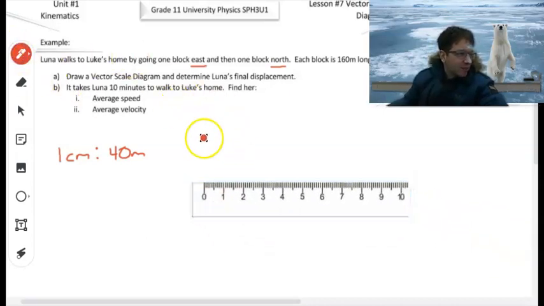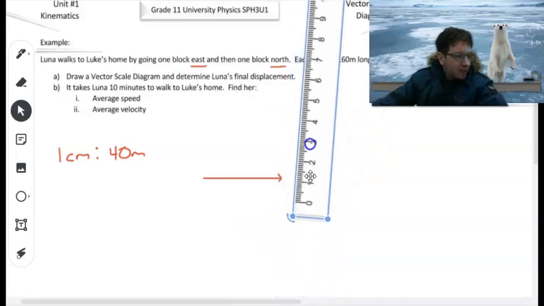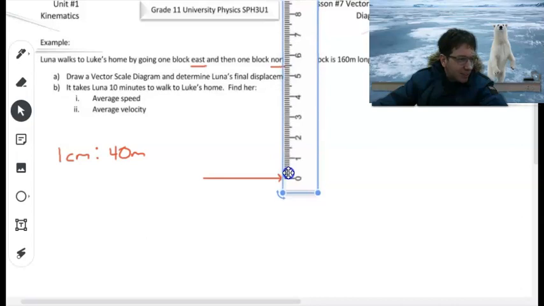So we are going to start by going 4 centimeters east, and then rotate the ruler, and we'll go 4 centimeters north. We'll connect the tip of one vector to the tail of the next vector.